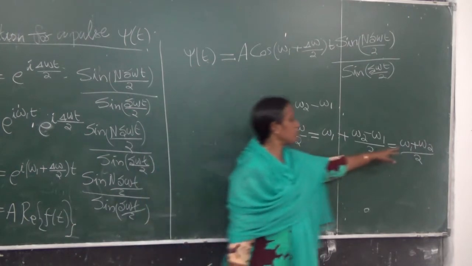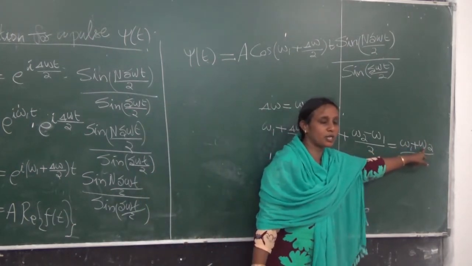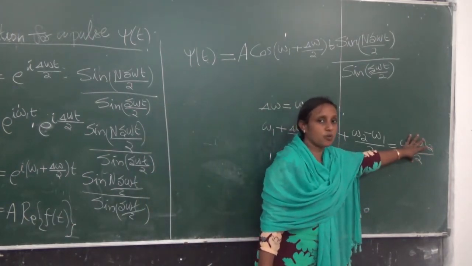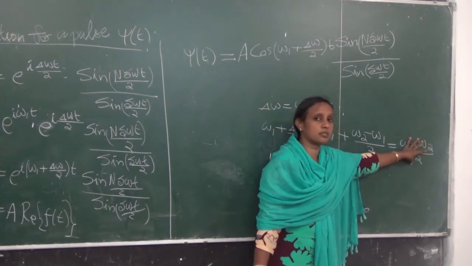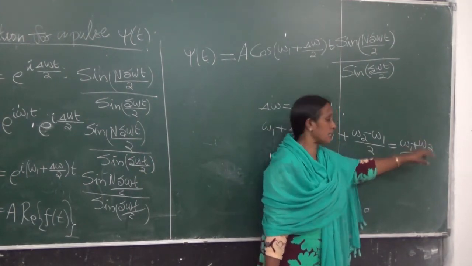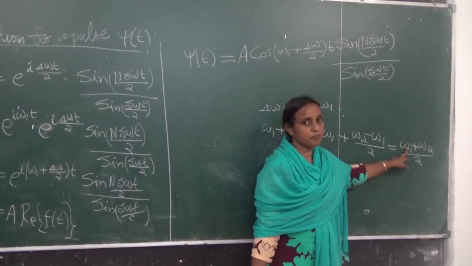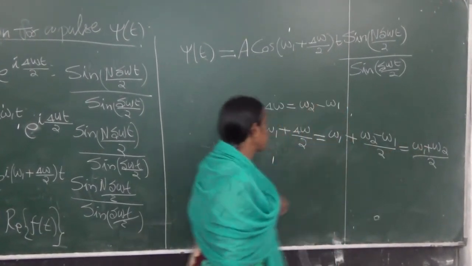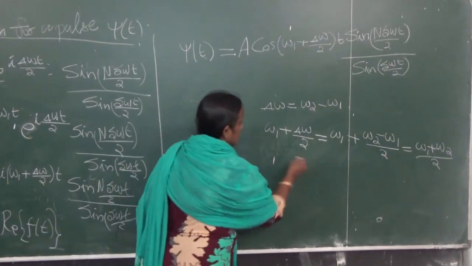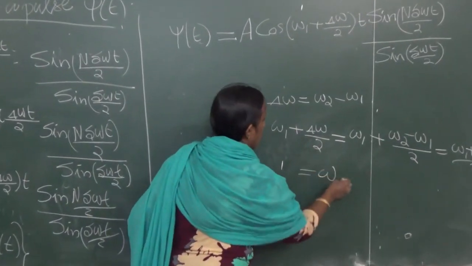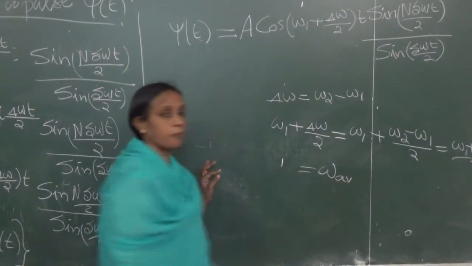What is this term? This frequency is more familiar to us from our previous lectures. This is called average frequency, omega average. So this is equal to omega average.